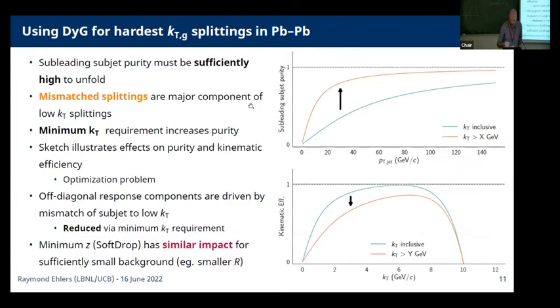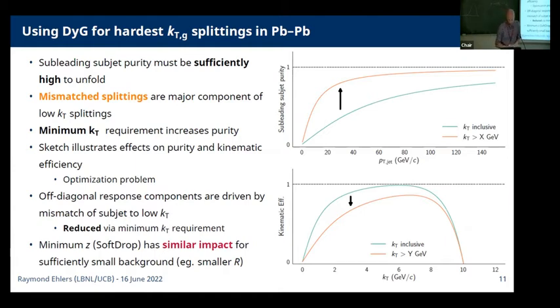So in terms of how we deal with this in the KT, particularly for dynamical grooming, because it adjusts this hardness measure, we have some susceptibility to softer Z components that, for example, aren't included in our soft drop measurements. Because of that, as we saw on the last slide, the purity of the subleading subjet can start to suffer some.